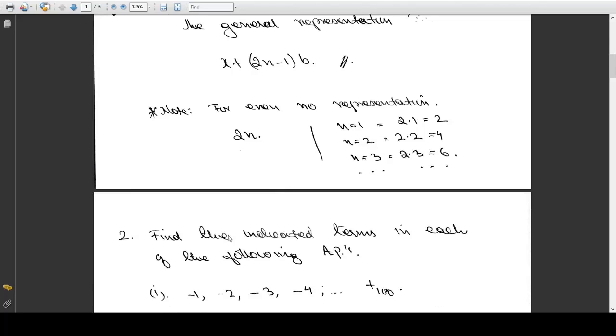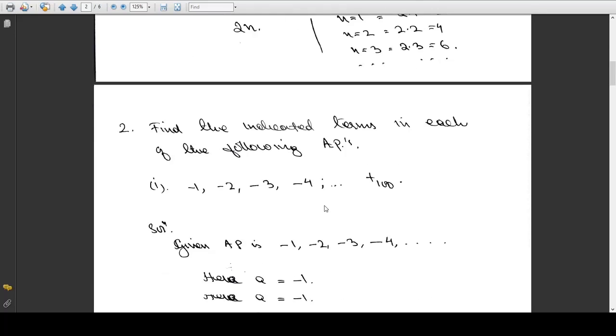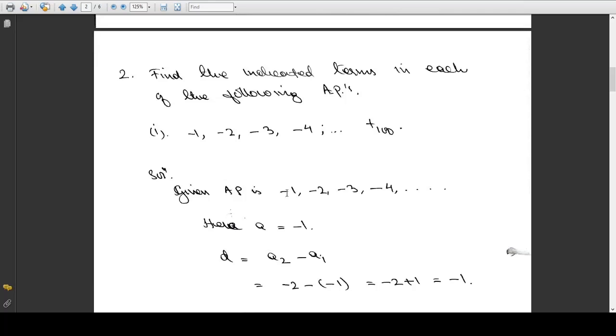Now the second question is: find the indicated term in each of the following APs. Minus 1, minus 2, minus 3, minus 4, and so on, and you have to find the value of t100, the 100th term. Okay, now in this AP the first term a is minus 1.